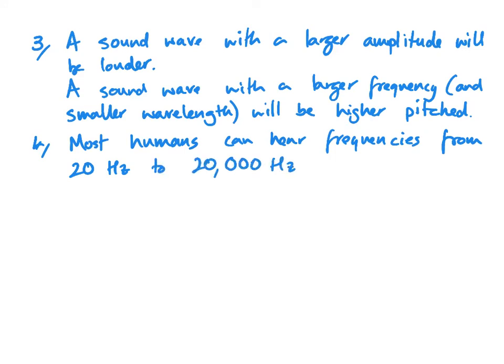Even at the bottom end it's not exactly 20 hertz. But it's roughly 20,000 hertz at the top end. And as we looked at in class, that's different for different people, different ages. As you get older, that top end tends to decrease a wee bit as well. But the accepted range for frequencies is from 20 hertz to 20,000 hertz.